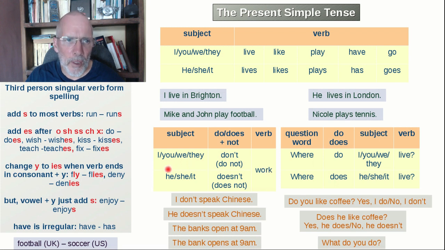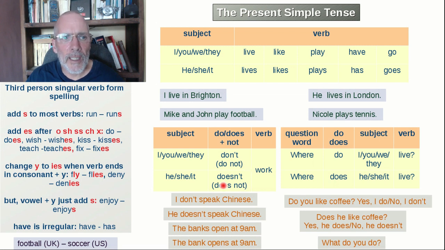And in the third person singular we need to say he does not work, she does not work, or it does not work. So if it's a he, or she, or an it, we need to use does not. Notice, very important, that we are not using the S form here. With the he, she, or it, it's she does not work.